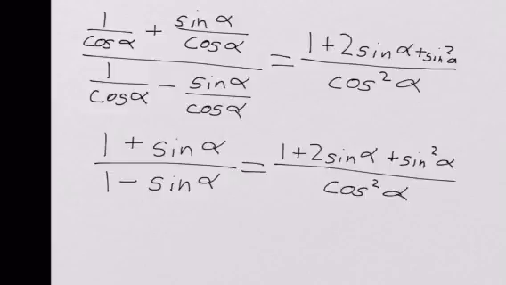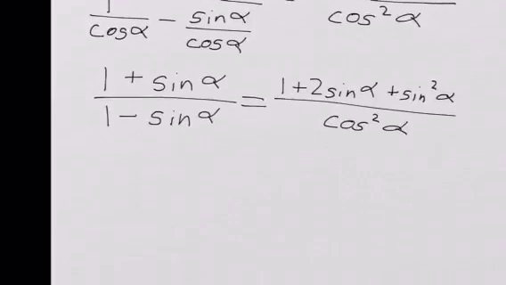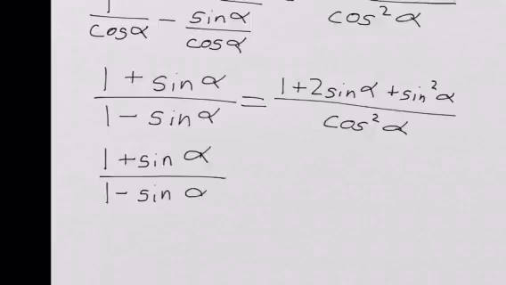So what I'm going to do at this point is factor the numerator on the right-hand side. Turns out that it's a perfect square. So at this point, I'm going to leave the left-hand side the same: 1 plus sine alpha over 1 minus sine alpha.